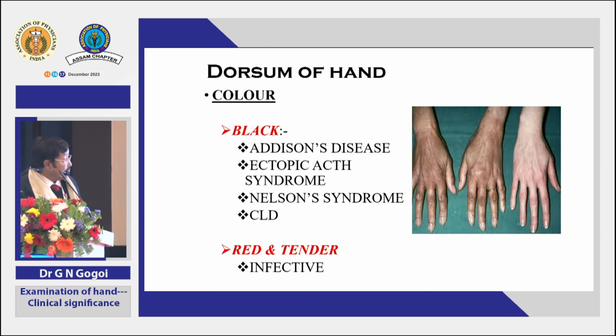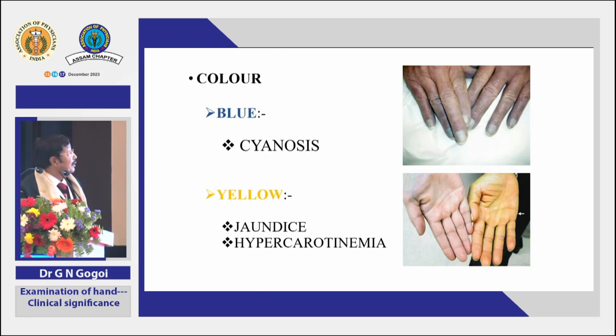If the hand is red and tender, it can be infective in origin. And if the color is blue, immediately warm it by rubbing, and if the blueness disappears, it is peripheral cyanosis. If it persists, it can be central cyanosis, and if there is slight change, then it can be mixed cyanosis.